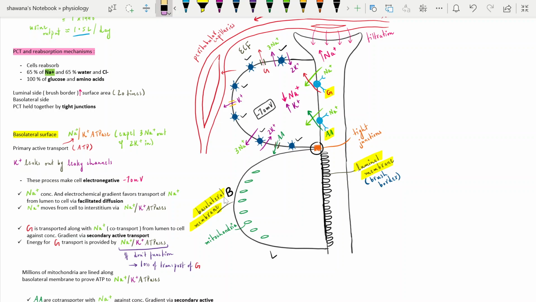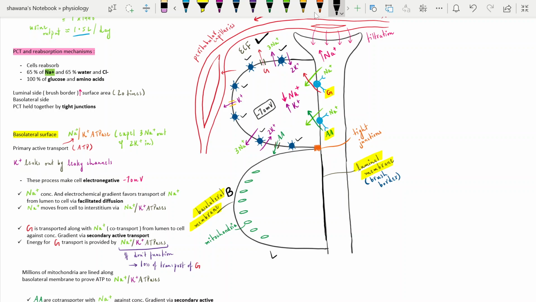It means that, what does it mean? The cell is already high in potassium, okay, but it is constantly pulling the potassium in, and the extracellular fluid, which is mentioned here, is already high in sodium, so it pumps the sodium out and potassium in against their concentration gradient.